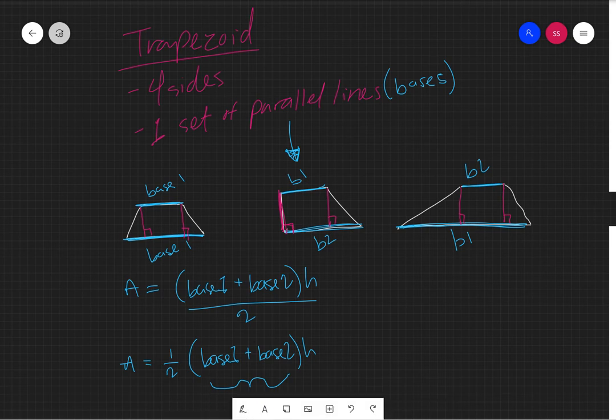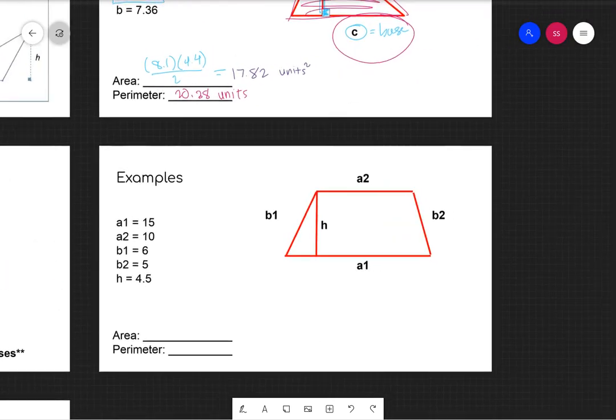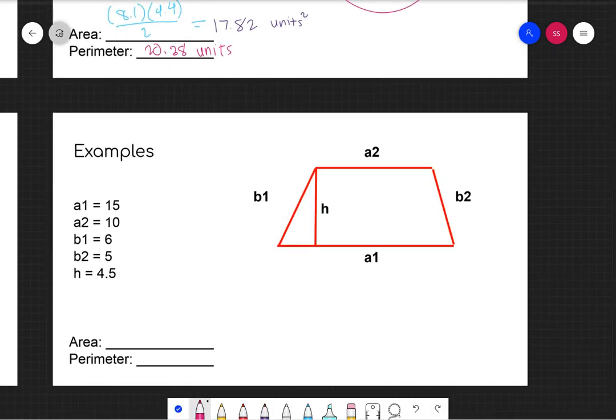Okay, so now that we have that all figured out, let's try an example. And again, just like the other ones, we're going to first identify what's the base and what's the height. Again, the bases are going to be the ones that are parallel to each other. So they're slanted at the same angle, right? Which means this and this, they are not slanted at the same angle. If you kept going on forever, they would eventually intersect, which we don't want.